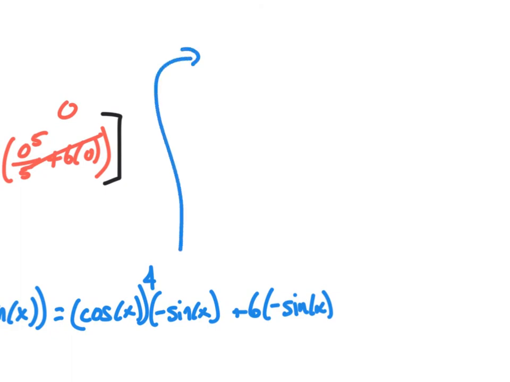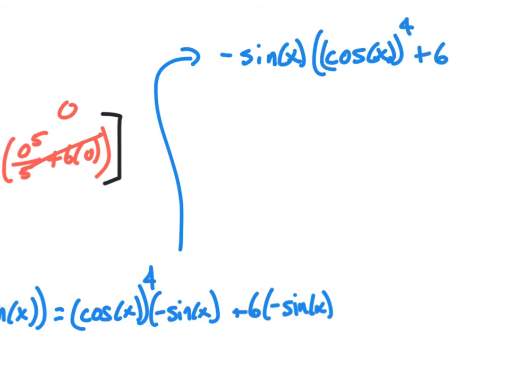I can factor out a negative sine of x, and multiply that by the quantity cosine of x raised to the 4th power, plus 6.